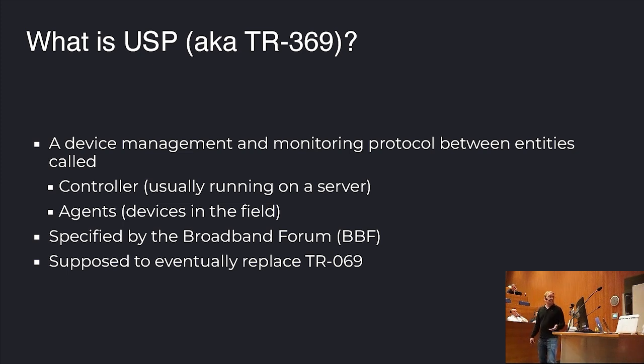And it's supposed to eventually replace TR-069, because over the years, people have figured out that TR-069 has a couple of drawbacks, or some use cases that cannot be easily implemented with it. And of course, you don't want to have multiple protocols around that do the same thing. So the idea is eventually to get rid of TR-069 and just replace it with USP.